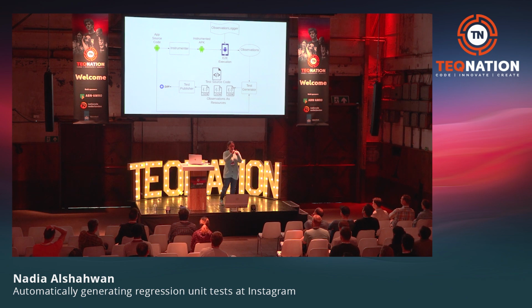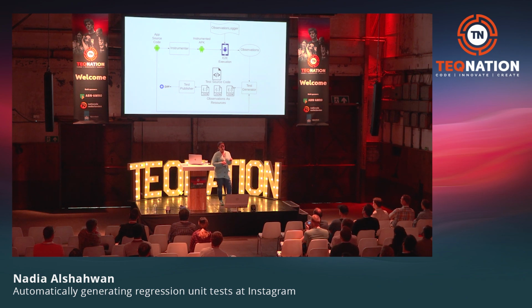So we generate the tests, you make your change, and then we tell you if your change broke anything that was working before. The way we did it is we created a Java and Kotlin plugin, so it works for both Java and Kotlin, that instruments the app. While you're compiling the app, it will add instrumentation.